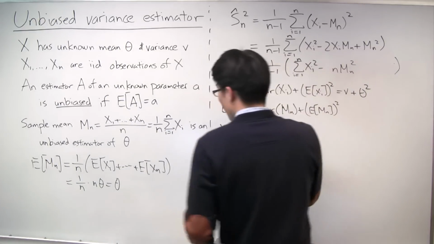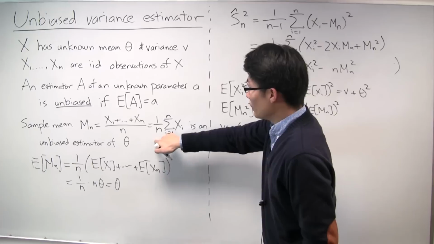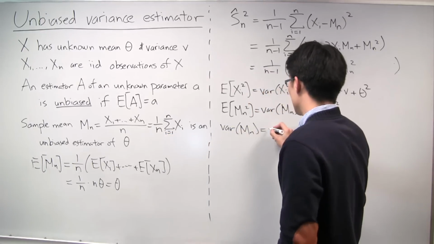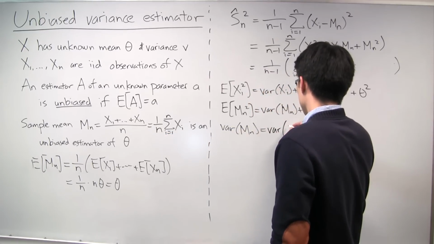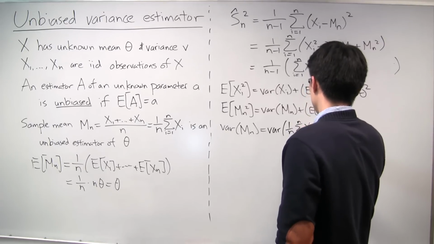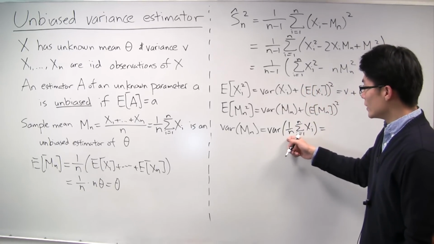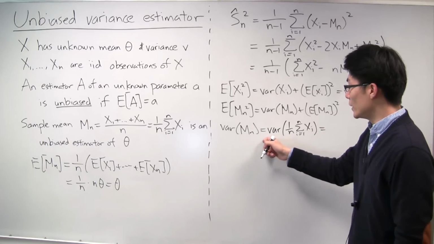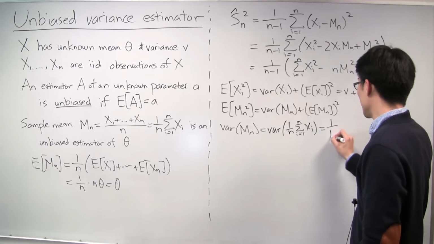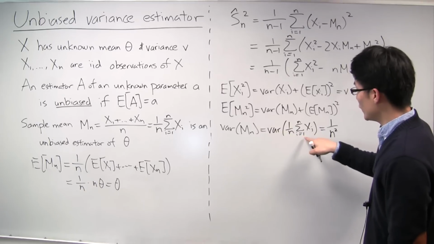The variance of mn is the variance of the sample mean, right? So it's the variance of 1 over n times the sum of all the xi's. Now we know that 1 over n is just some constant, and when we pull it out of the variance, we have to square it. So we get 1 over n squared times the variance of the sum of the xi's.